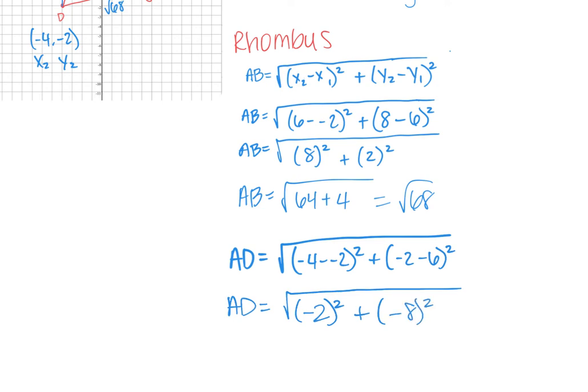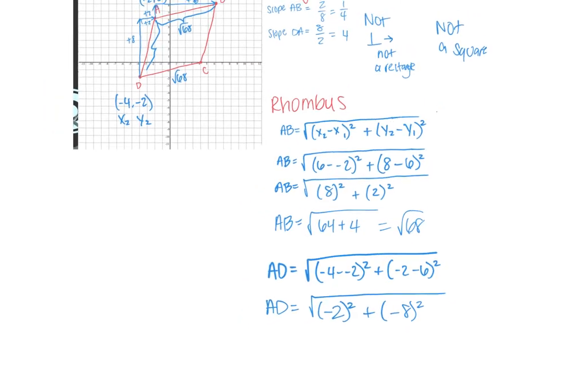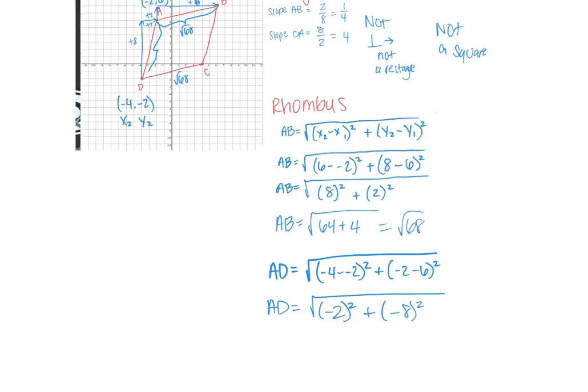Now, before we move on, go back to your slope of DA. Do you see how the change in the y was 8? The change in the y is -8 here. The change in the x was 2. The change in the x is 2. So now it's negative. But do you see how they're both negative?